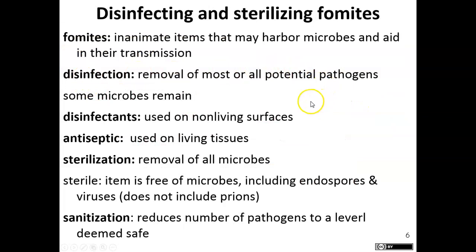Before we get into how we control microbial growth, there are a few terms I always like to go over. The term fomite is an inanimate item, so a doorknob, a handkerchief, a piece of clothing, that can harbor microbes, and then if you touch them, you can get the microbes.